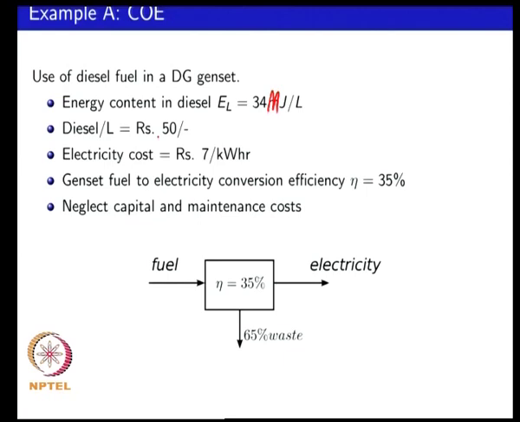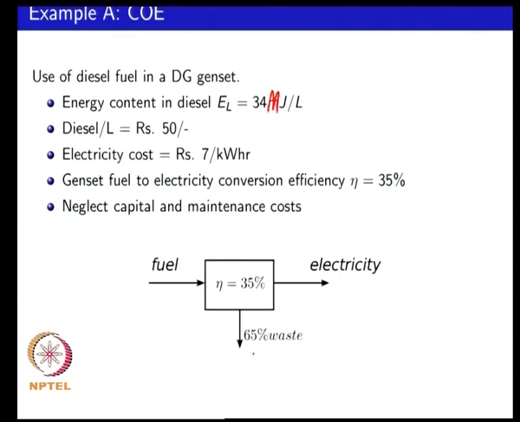If you are a large consumer, here we are considering individual consumption, your commercial rates might be even higher. So, we will consider electricity cost from your grid to be 7 rupees per kilowatt hour, and we will assume that the energy conversion from the chemical form in diesel to electricity occurs with an efficiency of 35%. Okay.